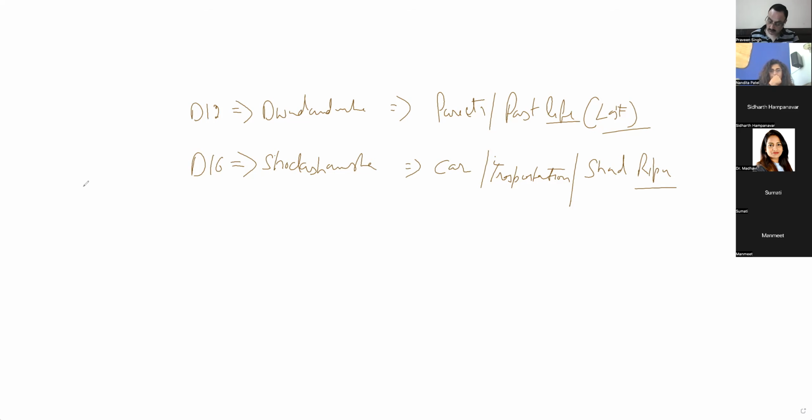The next chart we look at is the D20 chart. D20, so this is called Vimshamsha. What we look at in the Vimshamsha chart is the journey of mantra shastra, right?